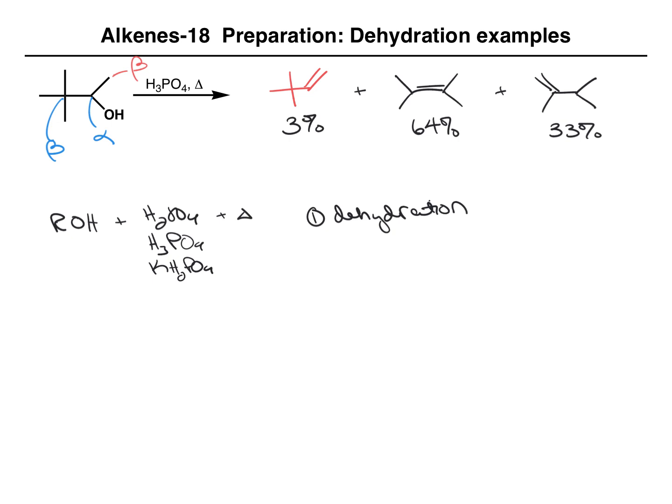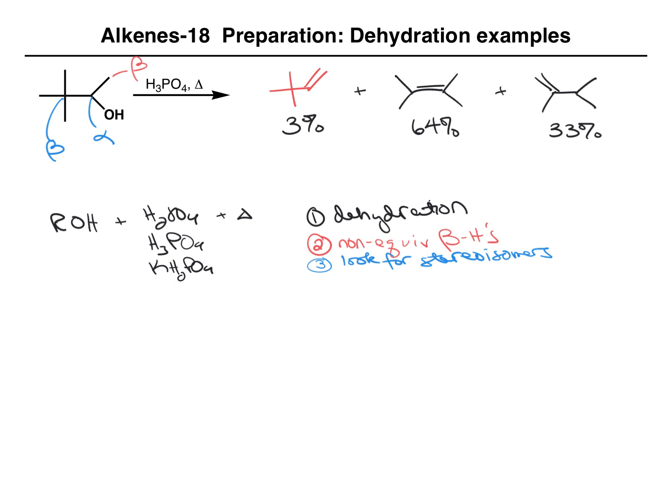Furthermore, we know that we need to be on the lookout for non-equivalent beta hydrogens, and then we apply Zaitsev's rule, knowing that the more substituted alkene is the major product. We need to be on the lookout for the possibility of forming stereoisomers, and we need to apply the fact that trans is preferred over cis.